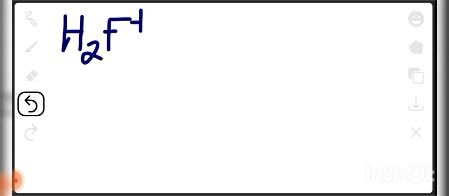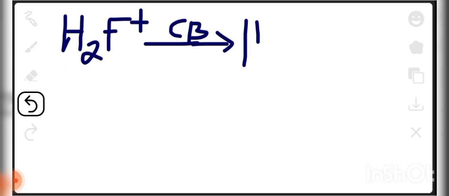Let's look at the conjugate base of H2F plus. Now remember, I told you to look for conjugate base, what do you do? You remove H plus. So the conjugate base will be, now remove H plus from this place.